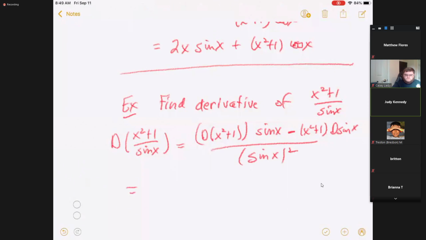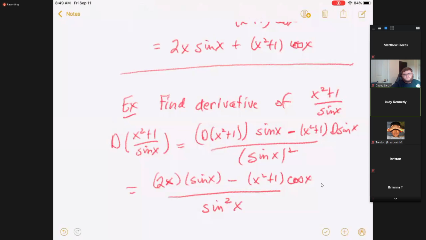And that's equal to 2x, the derivative of x squared plus 1 is just 2x plus 0, times the sine of x, minus x squared plus 1 times the cosine of x. And then over the sine of x all squared, which is also customarily written as sine to the power 2 like that.